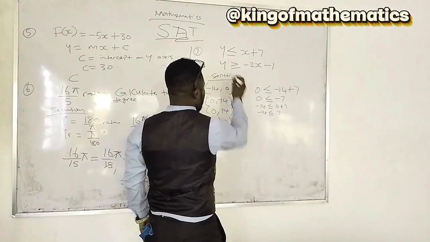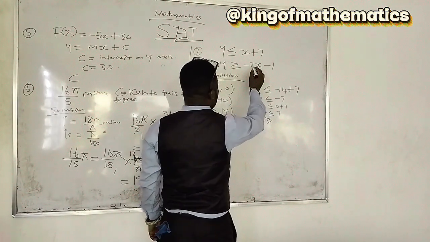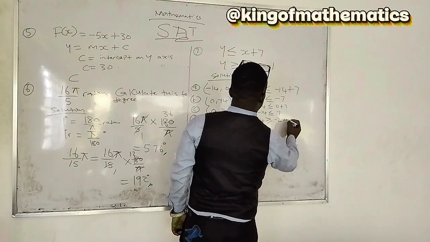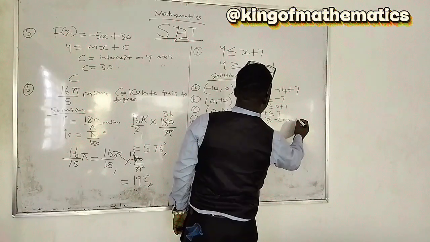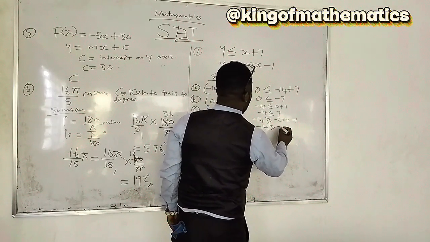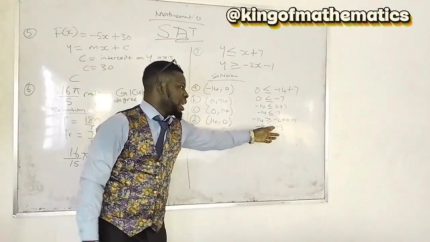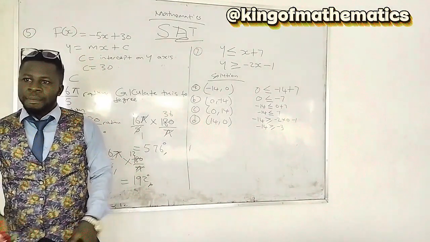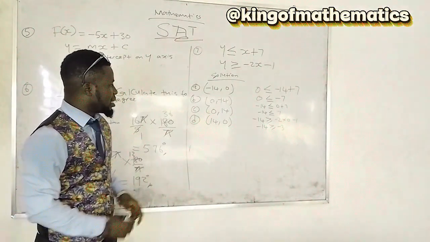If you put minus 14, is it greater than or equal to minus 2 times 0 minus 1? You have minus 14 greater than or equal to minus 3. Is minus 14 greater than minus 3? No, minus 3 is greater. So this is not correct as well.